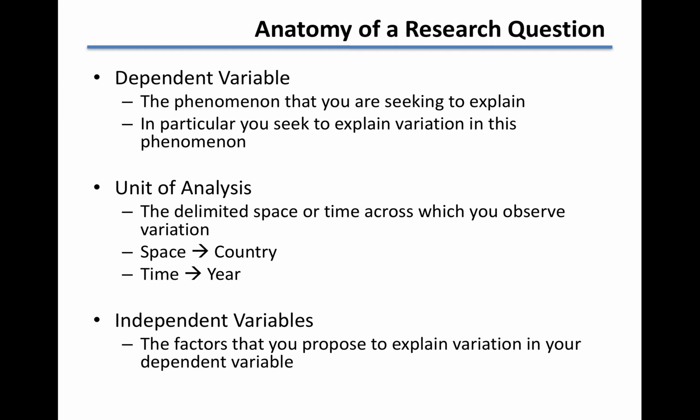But one independent variable that many scholars have pointed to is regime type, that perhaps regime type is a determinant of wealth. In other words, perhaps democracies, on average, exhibit a higher level of GDP per capita than autocracies. And if we were to hypothesize that, we would be setting ourselves up for a question in which wealth is our dependent variable, country is our unit of analysis, and our independent variable is regime type.